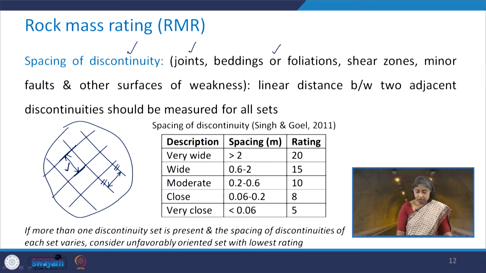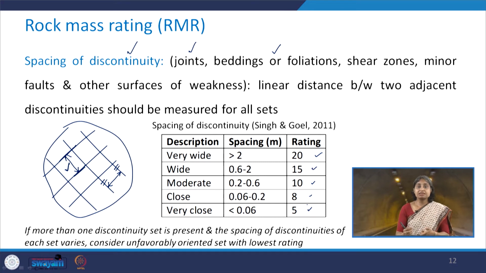So, based upon the spacing, you can assign the rating here. Now, you see, if the spacing is large, that means in a particular volume of the rock mass you will have fewer joints, and therefore it is going to represent the better quality of the rock mass.